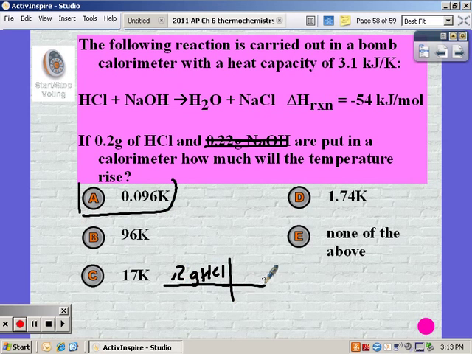So using stoichiometry, convert it to moles, and then use the enthalpy of reaction.